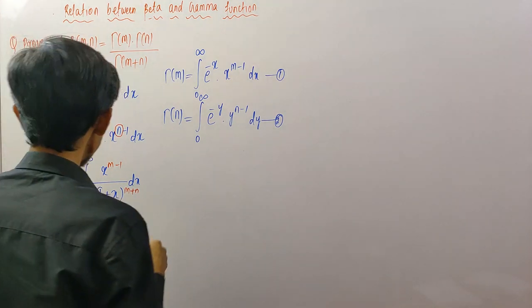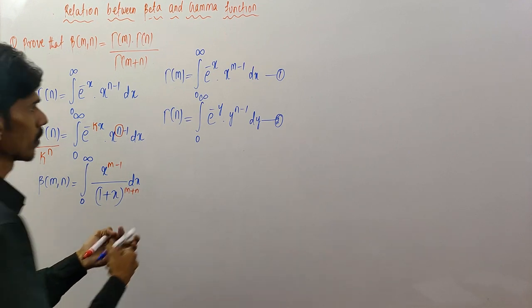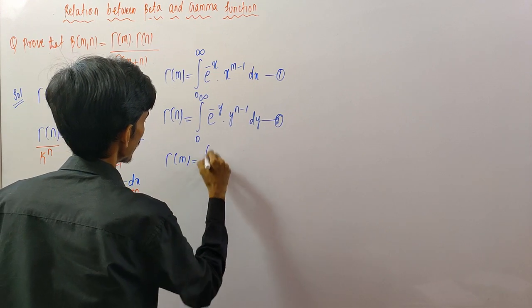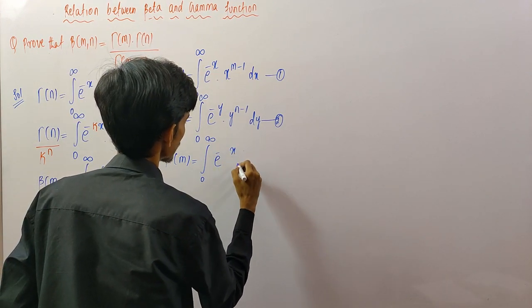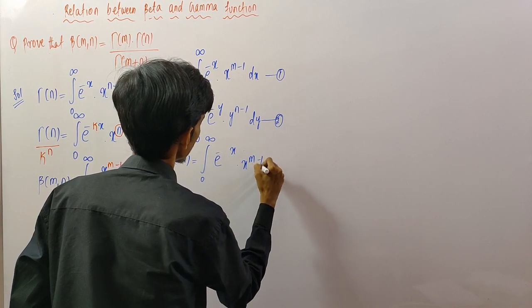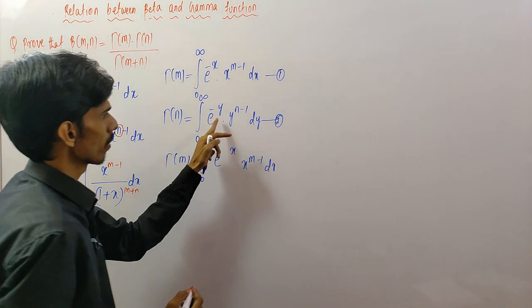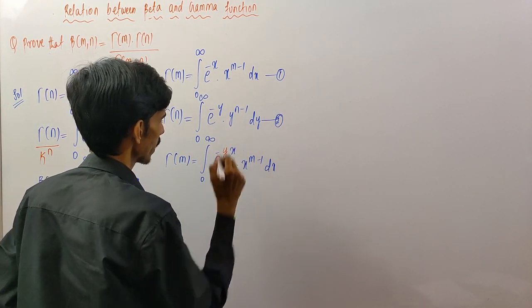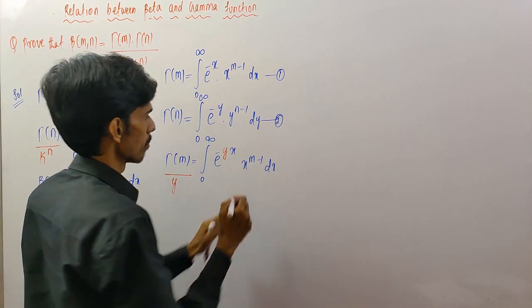Now by using this concept, that is transformation of gamma function, we have gamma of m is equal to integration 0 to infinity e power of minus x into x power of m minus 1 dx. Here we have variable y, so take the coefficient of x as y here, then we have y power of m.